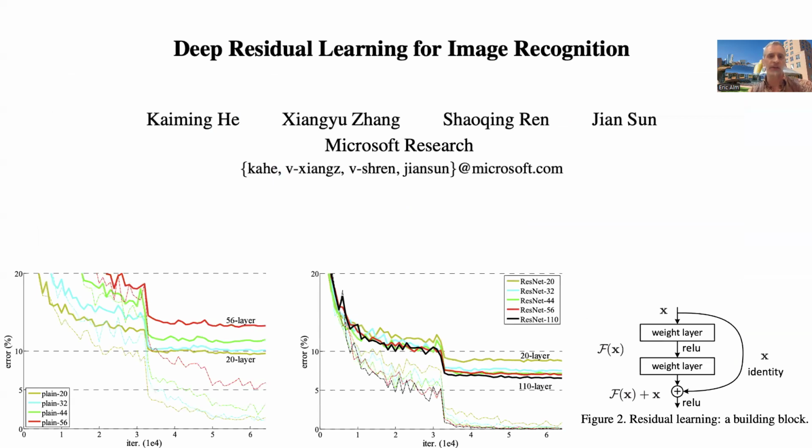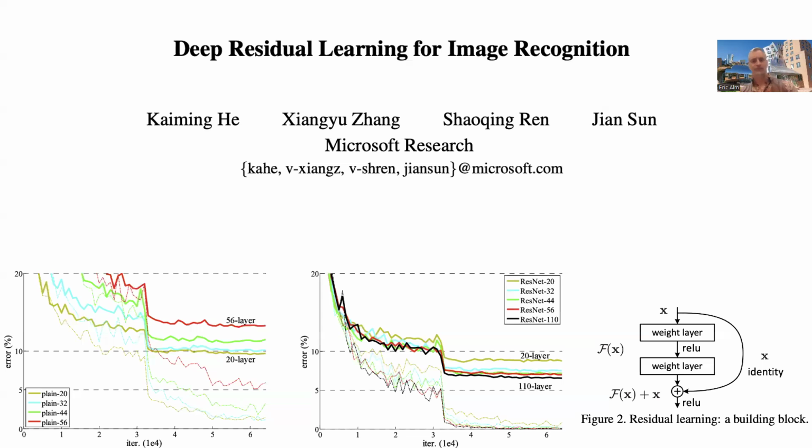This was the initial paper that used these residual connections, or skip connections, where we just add the initial vector to a later step. And what you can see on the left, I don't even remember. Oh, it's image recognition. It was an image recognition task.